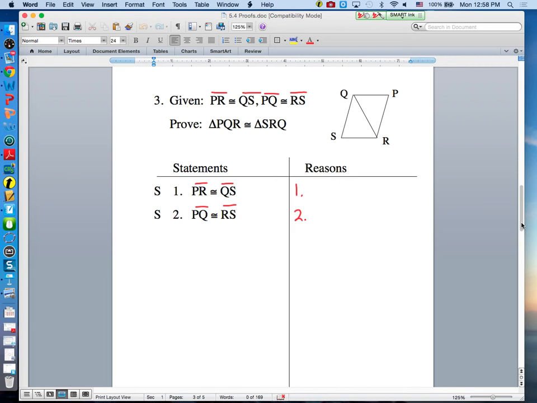Some of you forgot your numbers though. Number 1 reason is given. Mark that on the picture. Line 2 is given. Mark that on the picture, but use a different number of tick marks. Don't use 1 for everything because that means they all match up. Okay, can you come up with something else? Because 2 sides isn't enough.